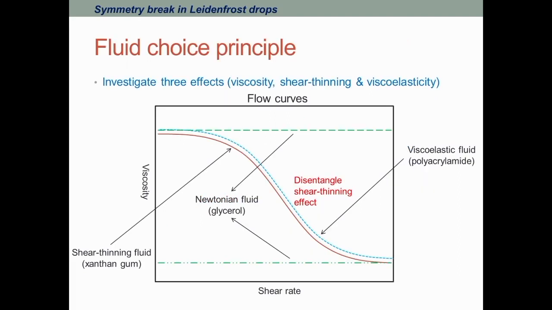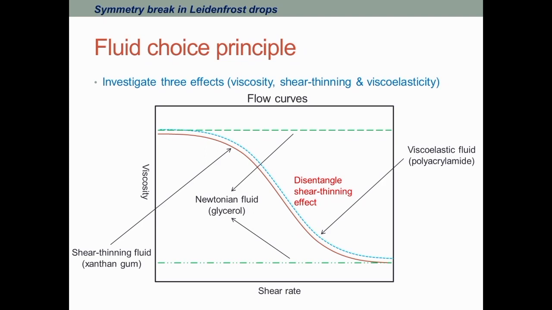And the fluid choice principle is presented here. First we prepare a shear thinning fluid using xanthan gum. This solution is purely shear thinning due to its rigid molecular structure. Then we prepare a polyacrylamide solution, which is viscoelastic, with a very similar flow curve to this liquid. So this solution is purely shear thinning, and this solution is both shear thinning and viscoelastic, in order to disentangle the shear thinning effect.